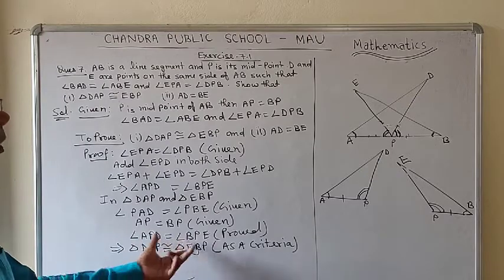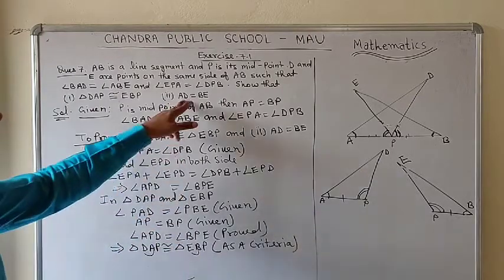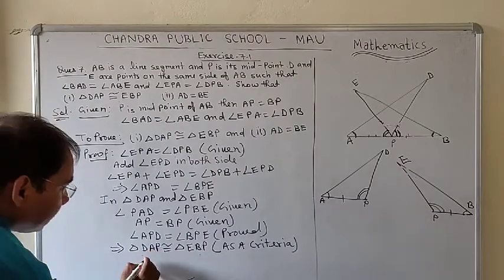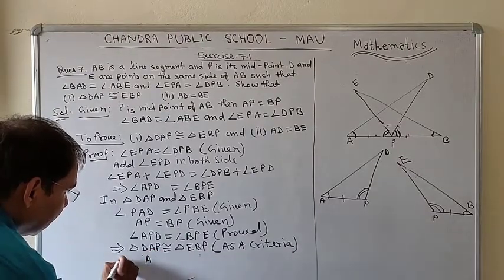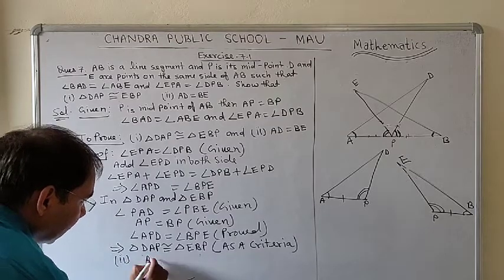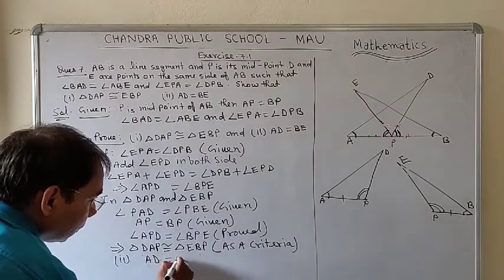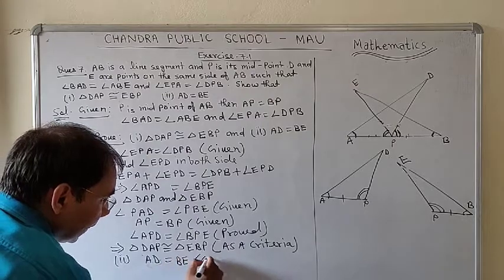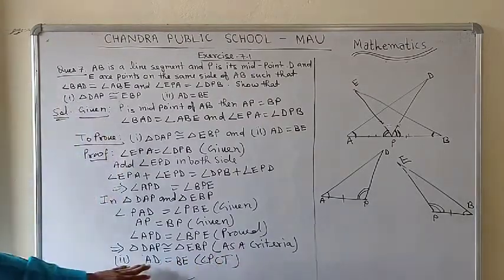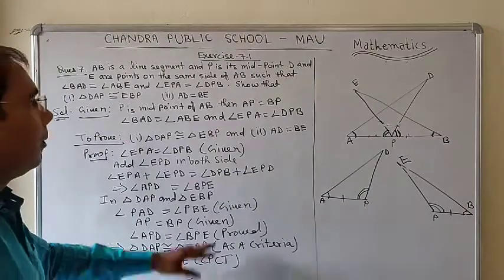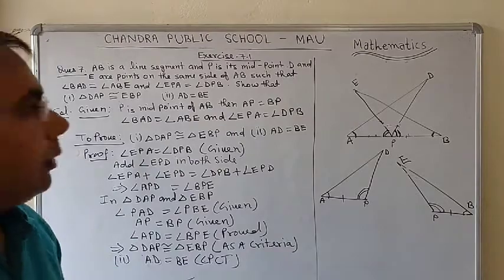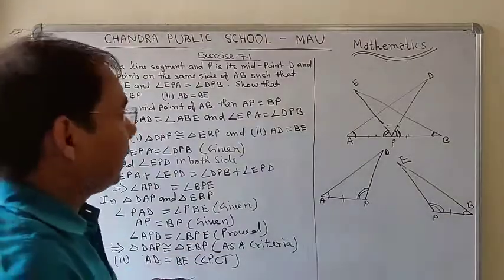So since these two are congruent, which is already proved, AD equals BE by CPCT. These are the corresponding parts of congruent triangles. So here both parts are proved. So kindly note down the complete solution of question number 7.